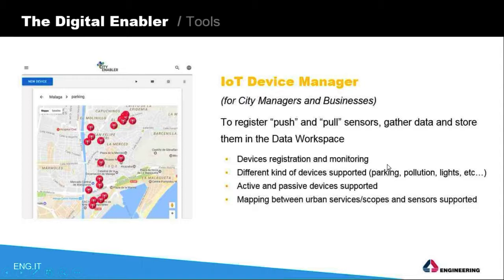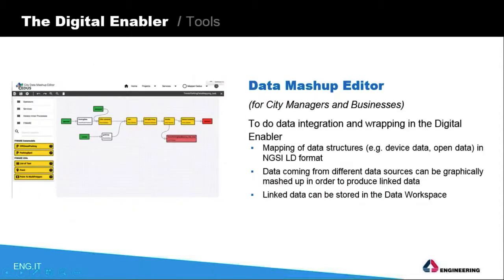They can be whatever kind of devices. We are able to manage parking devices, illumination devices, pollution, lights, and so on, because this is not a tool verticalized to any kind of vertical.